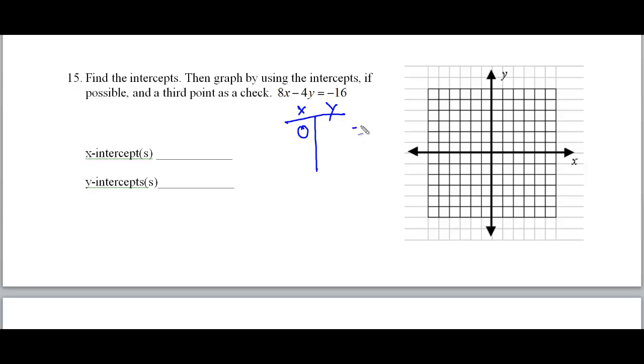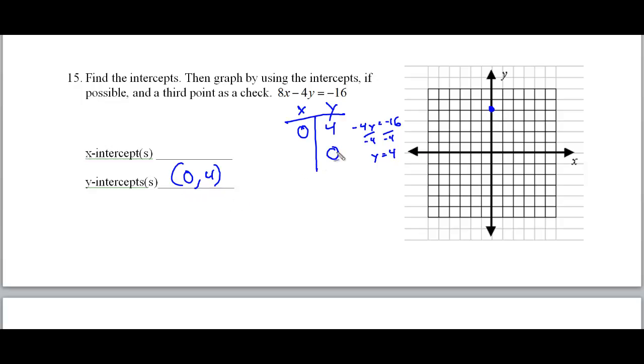So I'm left with negative 4y is equal to negative 16. If I divide both sides by negative 4, I get y is equal to positive 4. So there's my y-intercept, 0, 4. If you didn't know that was a y-intercept, just plot the point, 0, 1, 2, 3, 4. Hey, look, that's the y-intercept, so I put it right there.